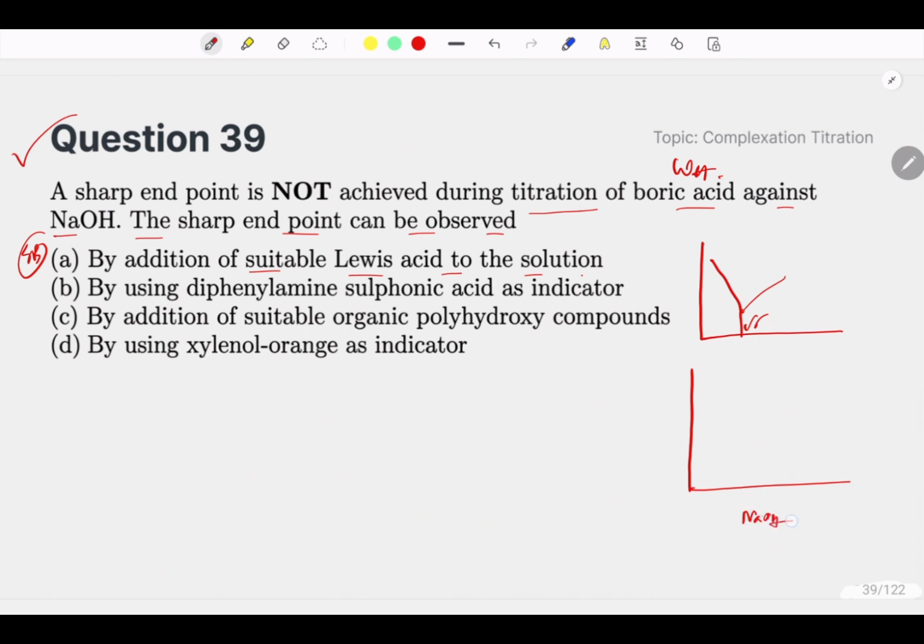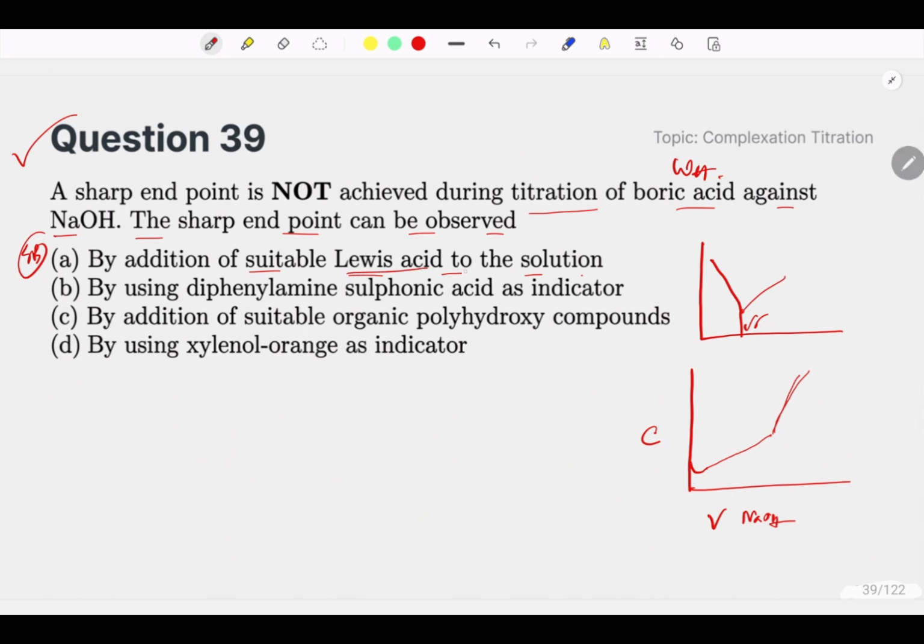This is the volume of NaOH, and the thing is that this is a weak acid, so kind of this, and for NaOH this will increase. So this is not a sharp endpoint.